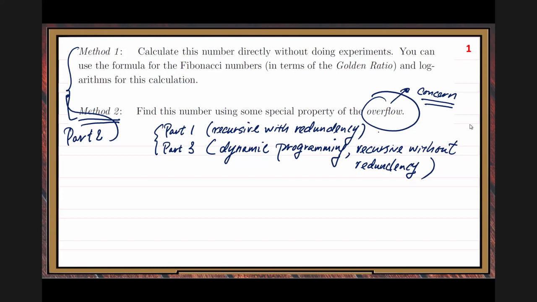Part 1, I'd like you to do some experiment. The execution response time should be around 30 seconds, because if you have a relatively faster machine, you need fewer than a second. Typically, you do testing n around 45, 40 something.